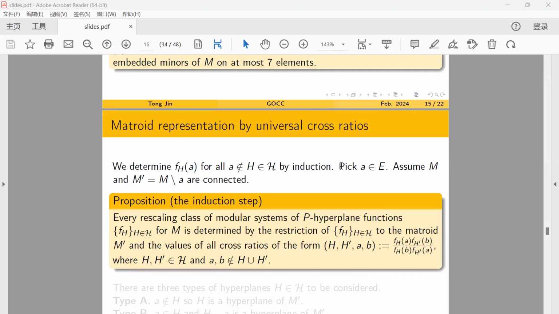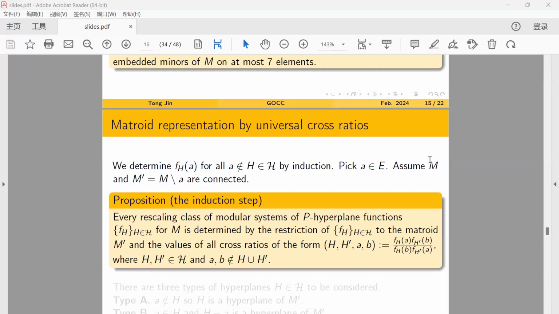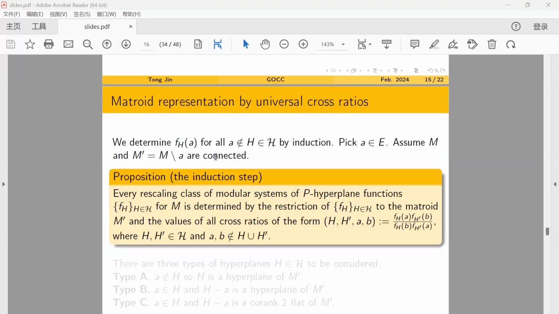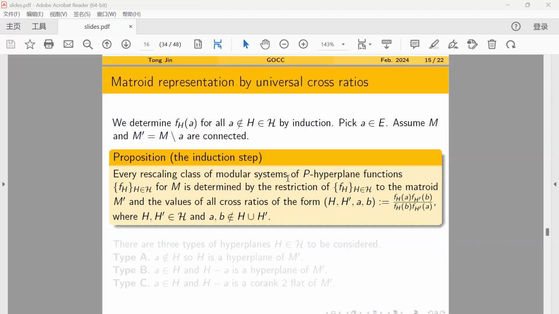But now let's do the induction, and let's pick some element A in the ground set. For simplicity, let's assume that the matroid M and the deletion M delete A are both connected. Now, the induction step. What do we do?